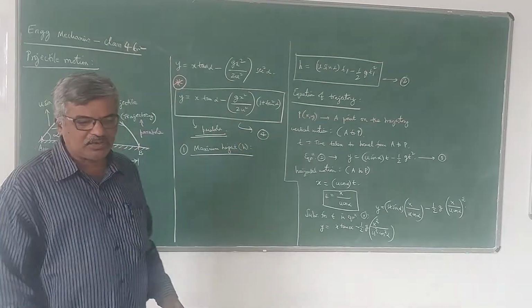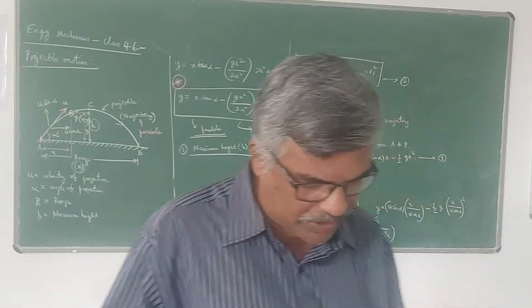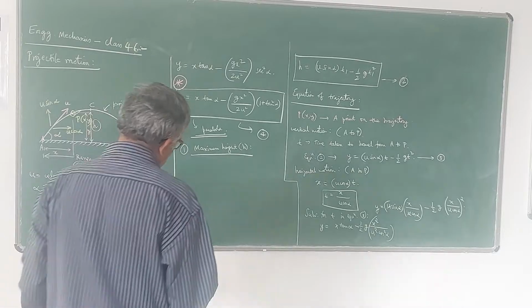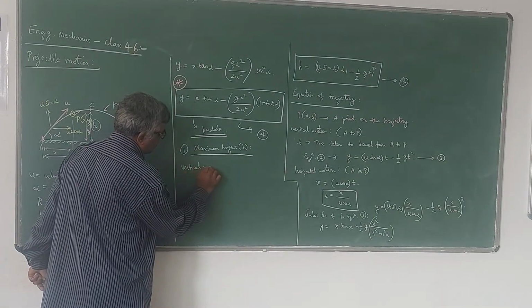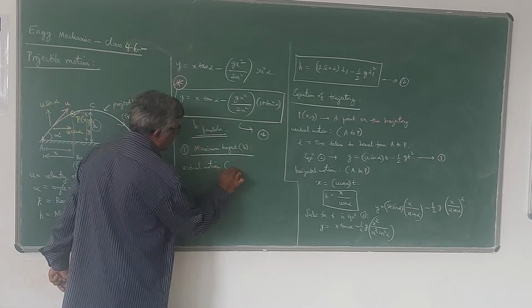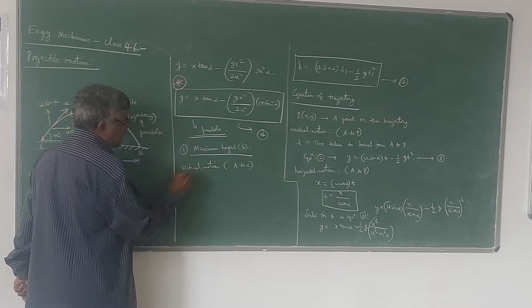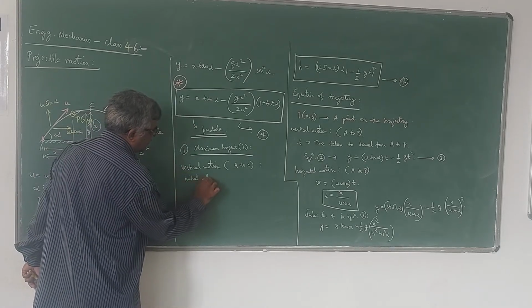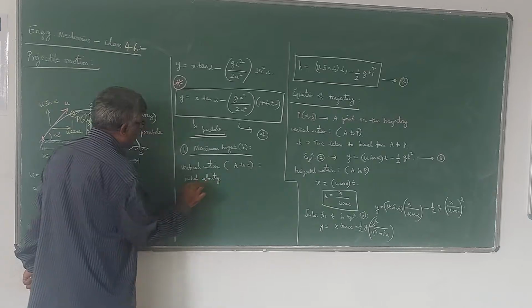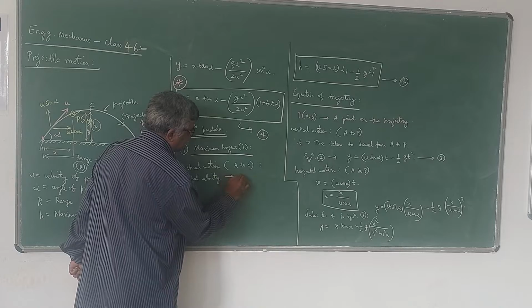To find the h value, we have to take the vertical motion of the projectile from A to C. So A to C I have to consider. Initial velocity, that means when the projectile is thrown from the point A, is u.